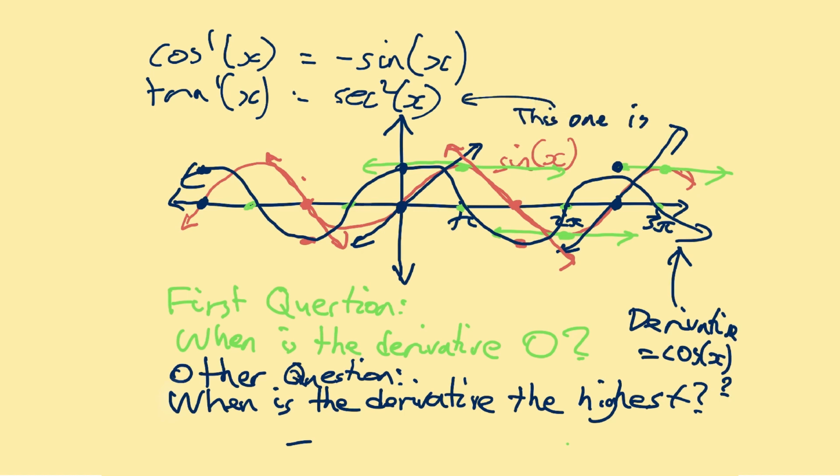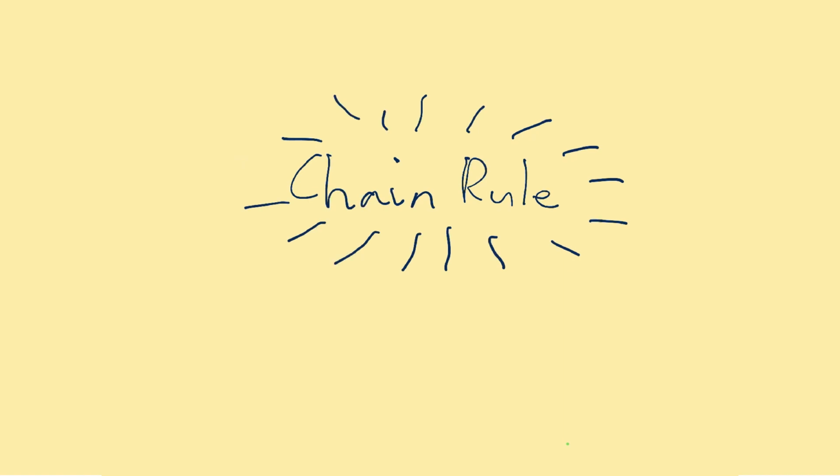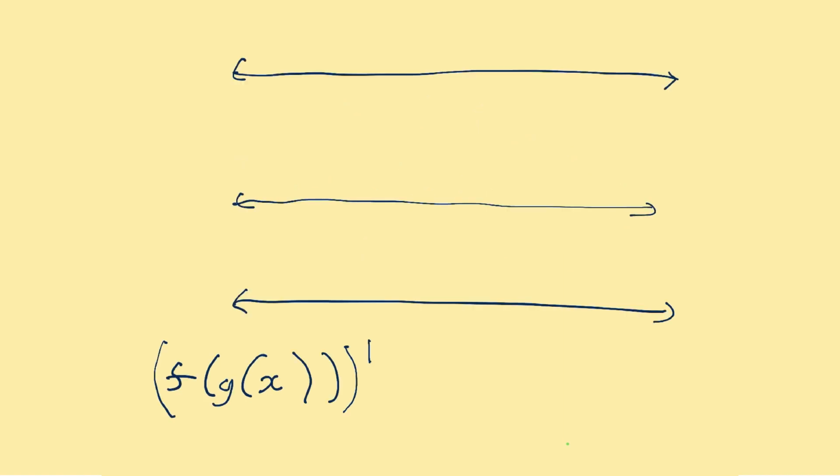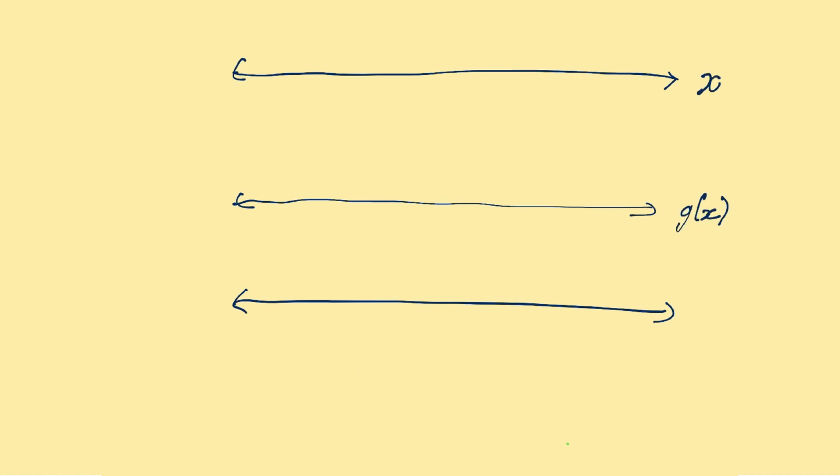It's a little bit more obscure, but yeah. So we want to figure out the derivative of f of g of x. So the derivative of the two functions smooshed together, otherwise known as composed together. So we have 3 number lines visualizing x, what happens when we apply g to that, and what happens when we apply f to that. And we're gonna mark x on the first number line, g of x on the second number line, and f of g of x on the third number line.